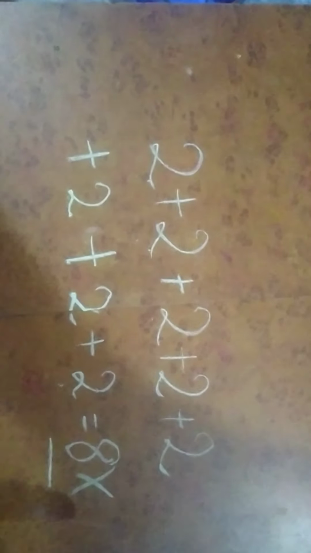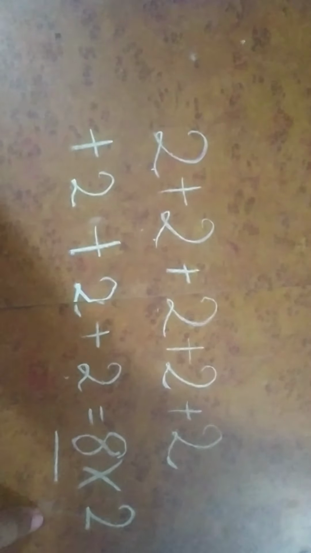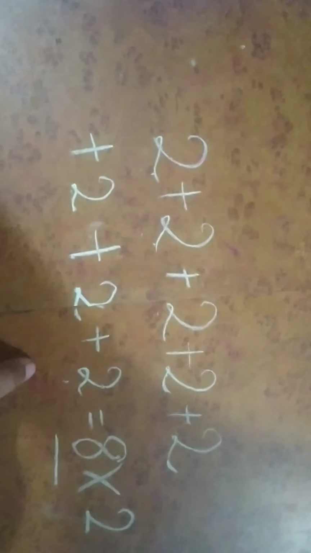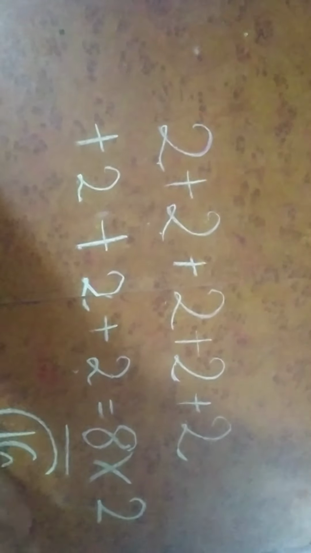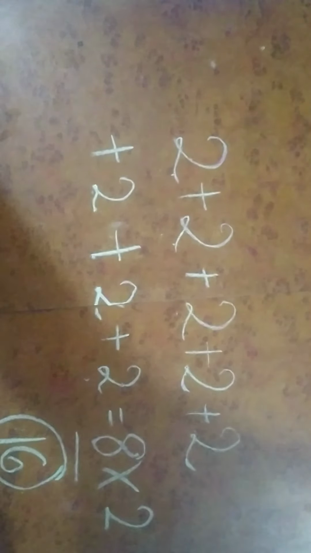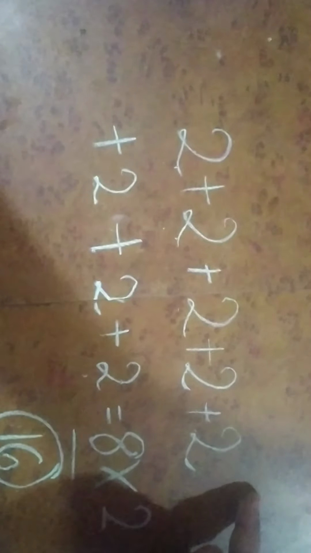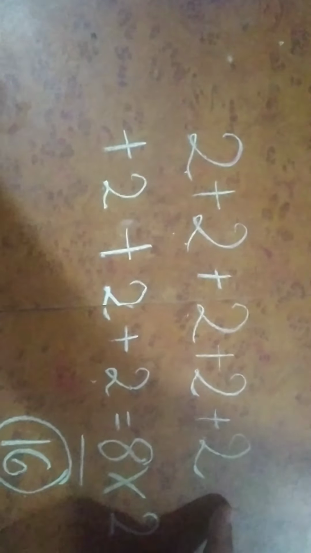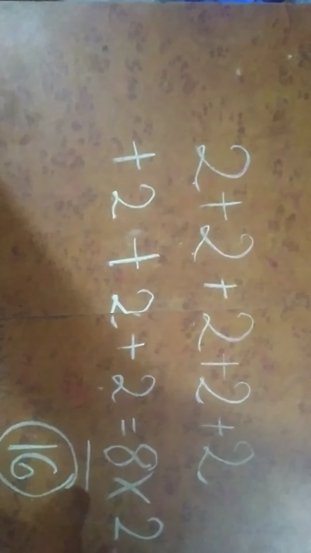Now, what is 8 times 2? 8 times 2 is 16. So, in this way, the child will understand what is the meaning of repetitive addition and how it is applicable in the case of multiplication.